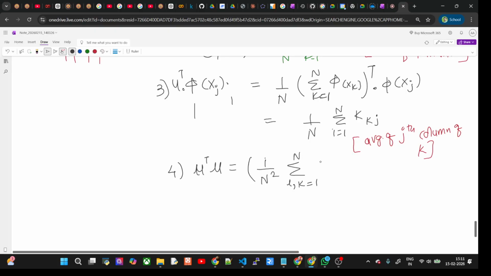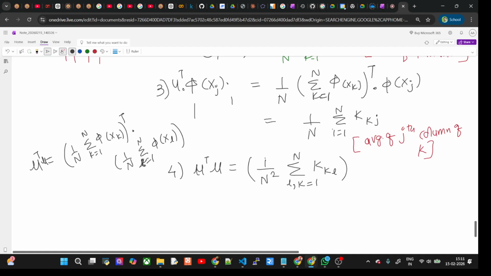What I am doing is mu transpose and mu, different values, something like 1 over n, the summation k equal to 1 to n of phi of x of k transpose, mu transpose mu, into 1 over n, going from l equal to 1 to n of phi of xl, mu into mu transpose.